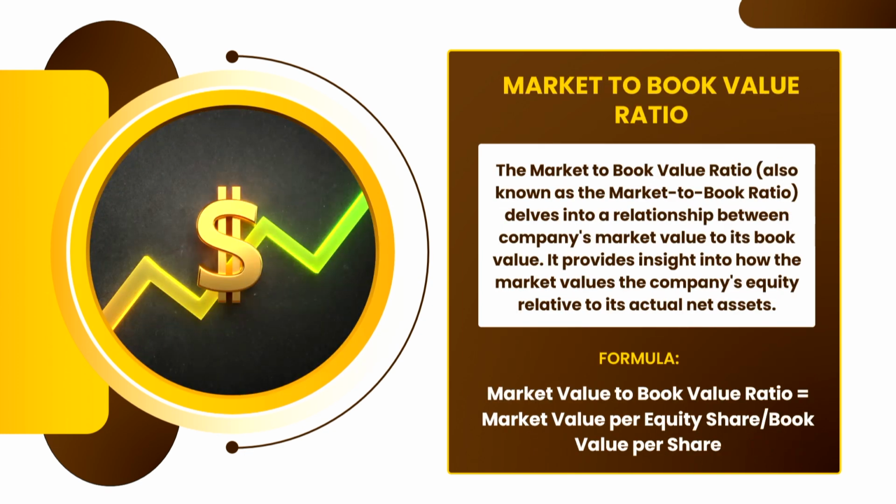Moving further, it is the market to book value ratio. We all know that when you talk about market price per equity share, it is influenced by a bunch of variables related to the market pervasive forces, the so-called external forces, which are hovering around and having a bearing on the market price per share.